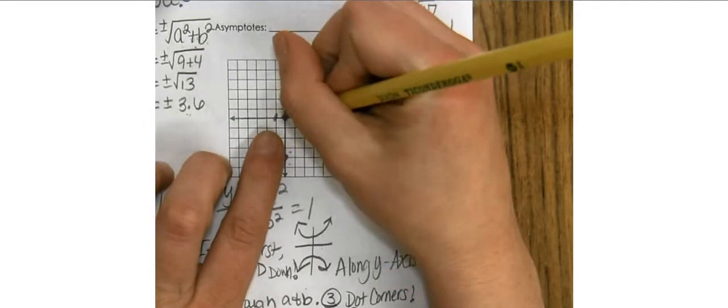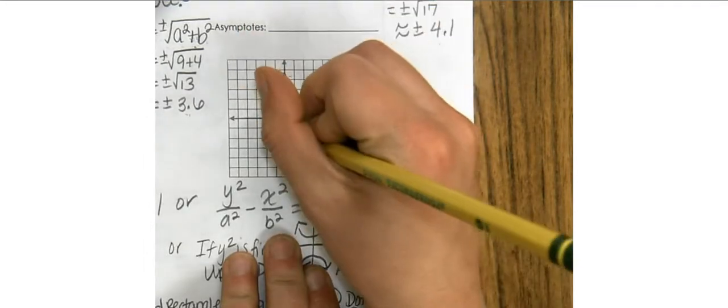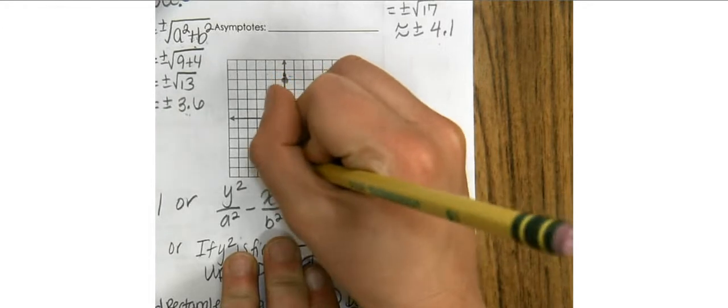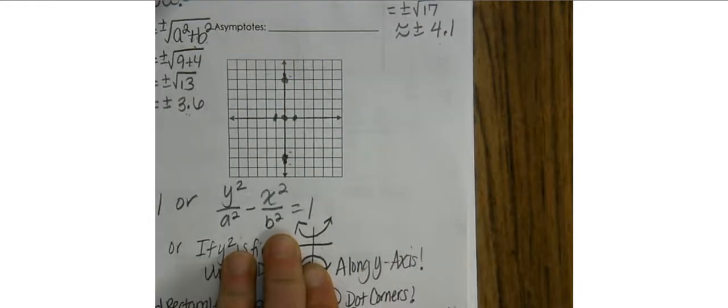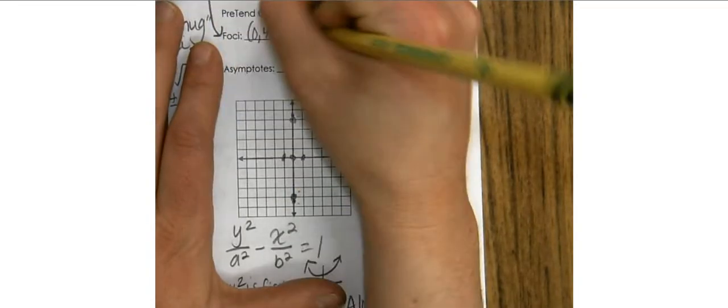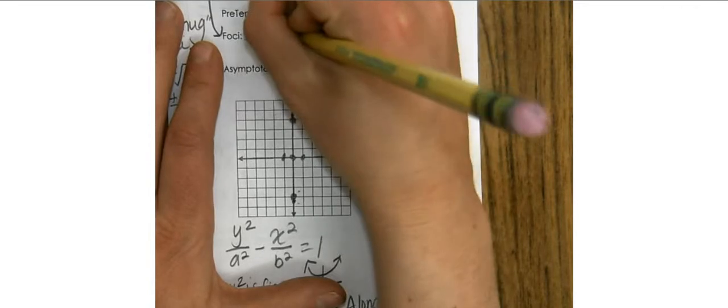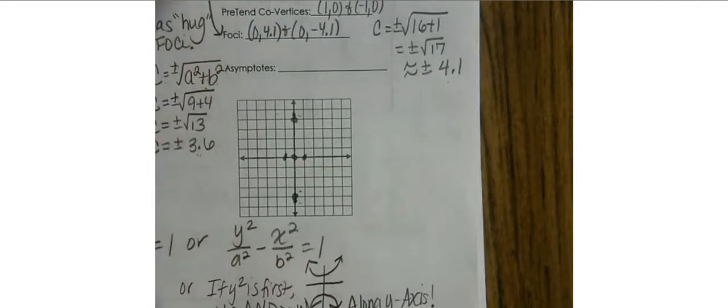So I'm going to start at 0, 0, and count 4.1 units going up. So it's 1, 2, 3, 4, a little bit more, and 1, 2, 3, 4, plus a little bit more. So here's my foci. Those are located at 0, 4.1, and 0, negative 4.1.